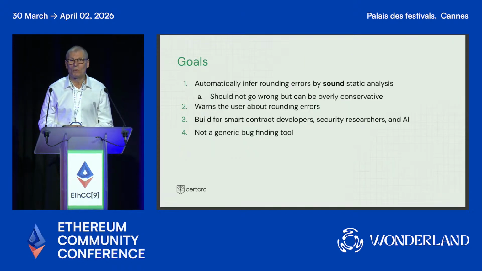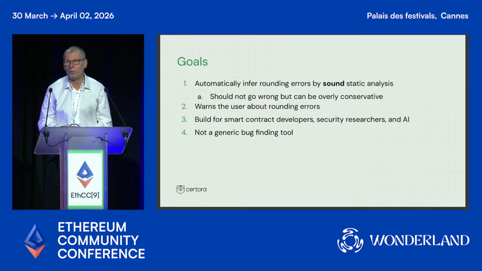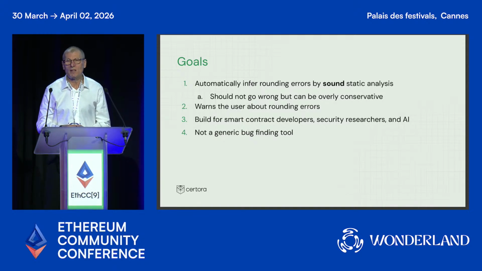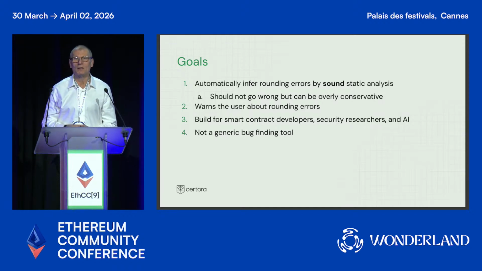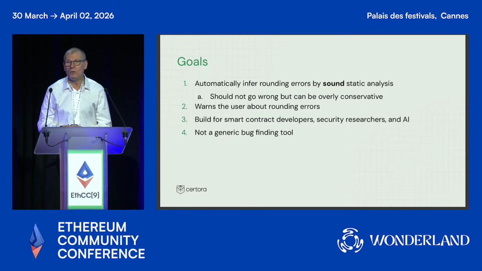So what do we want to do? We want to build a tool that automatically helps you, and the tool is intended for developers, although of course it can be used by security researchers or others. The idea is that as you write the code, we want to alert you about the consequences of rounding errors and warn you what's going on.